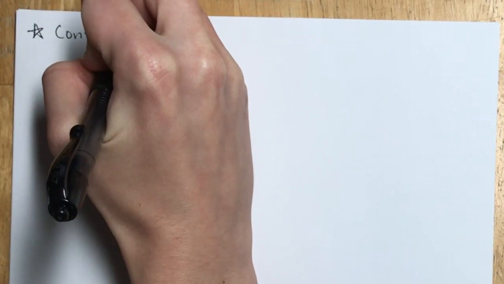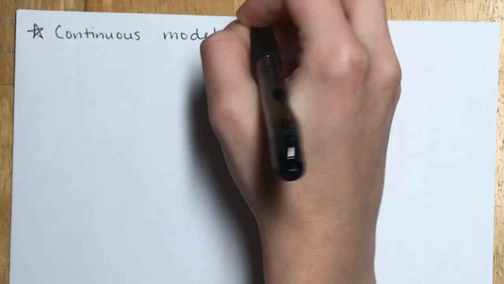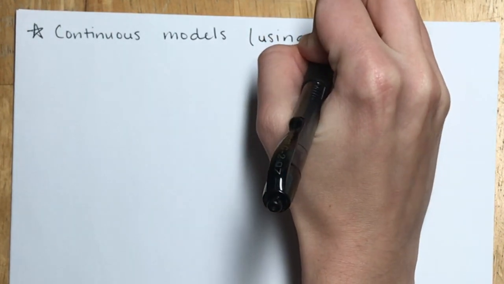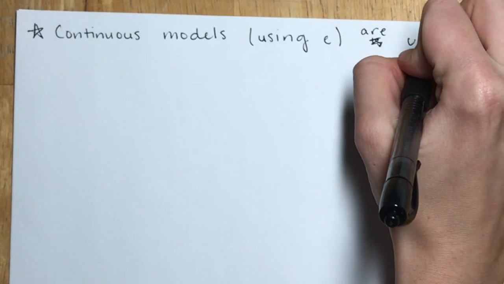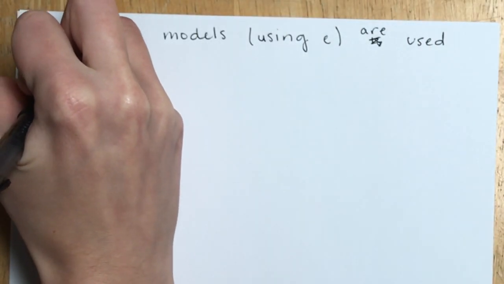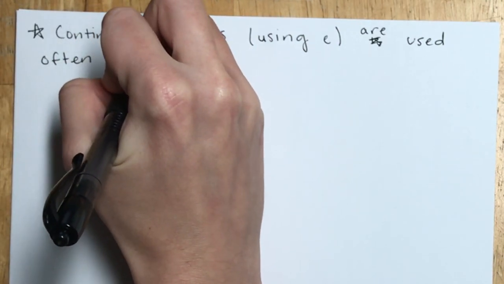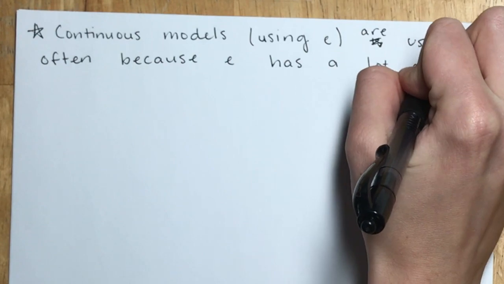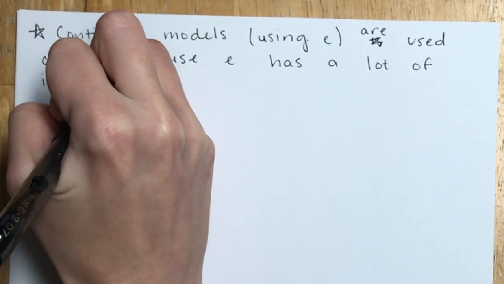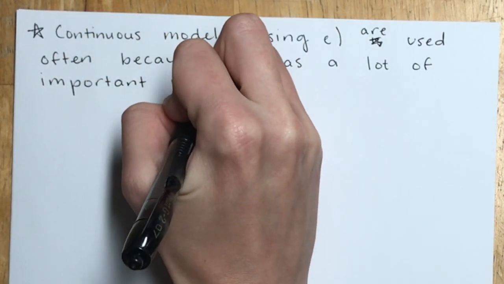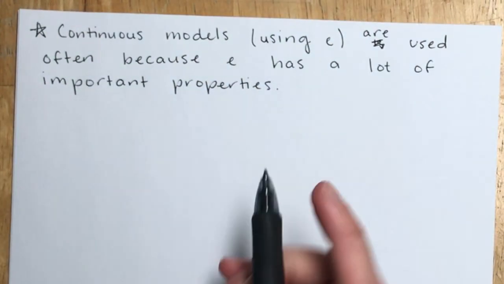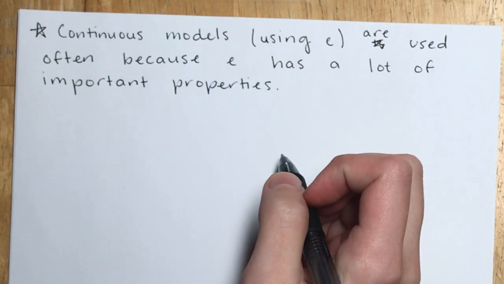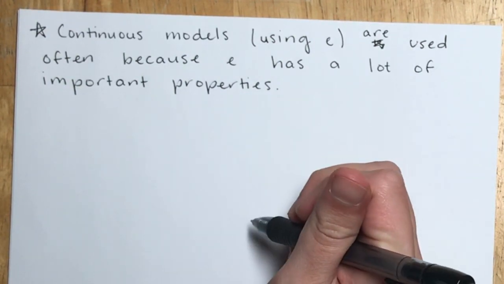So, for example, continuous models using e are used often because e has a lot of important properties. So it's actually not just used in the context of compounding interest. And we can actually use it for the types of problems that we've already seen.